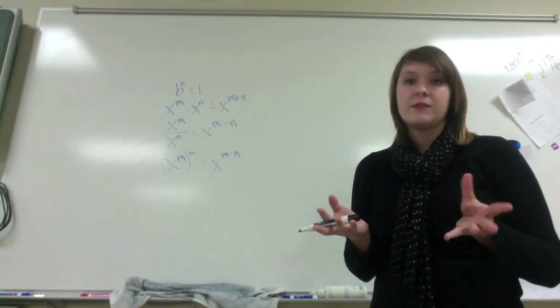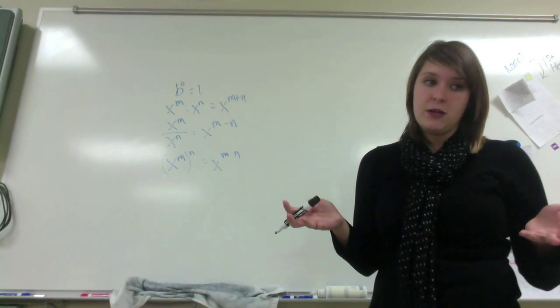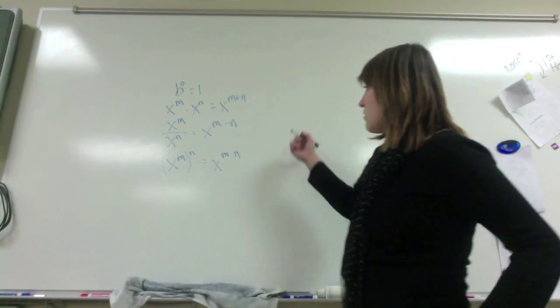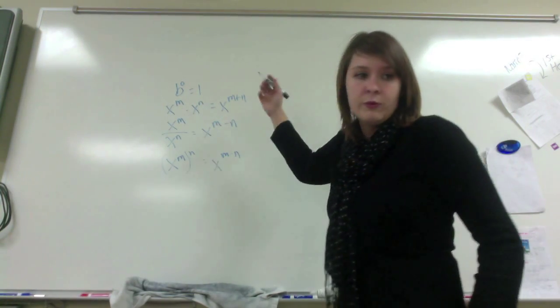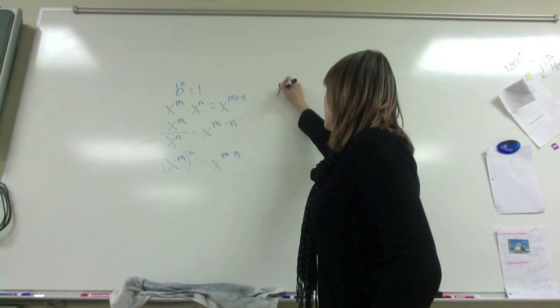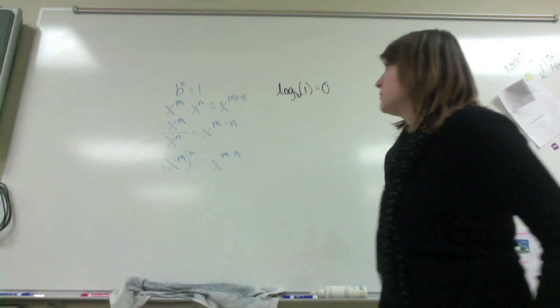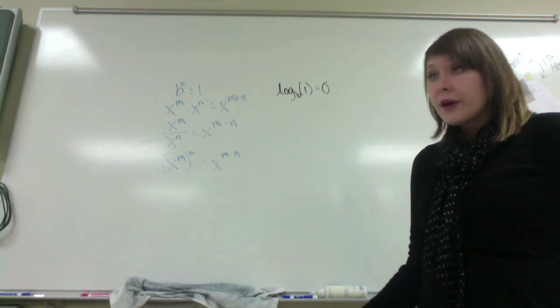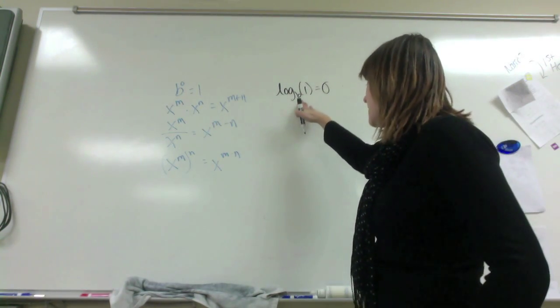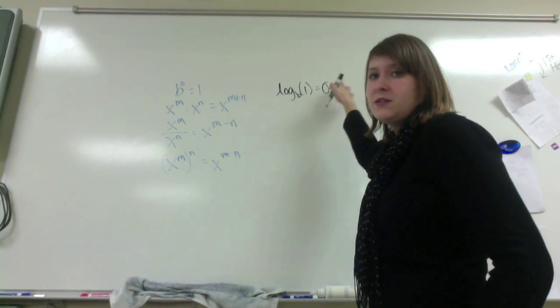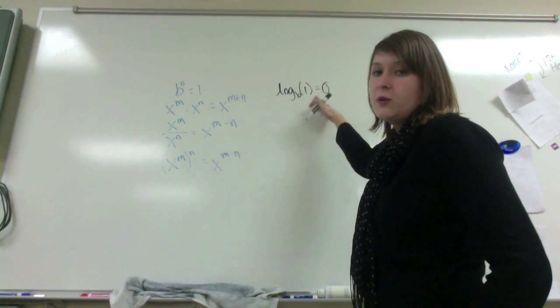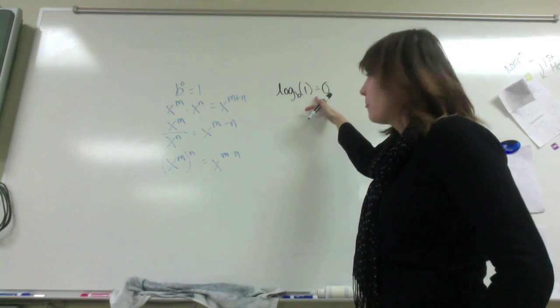So we're going to follow the same rules, it's just they're written a little differently. So the first one is your logarithm of 1 rule, which just says that if you have log base b of 1, that's equal to 0. So you'll notice that if you were to rewrite this as an exponent, it would be b to the 0 equals 1, which is just your 0 exponent rule.